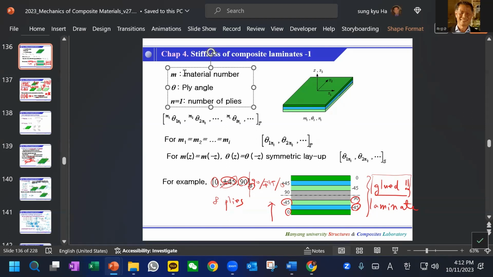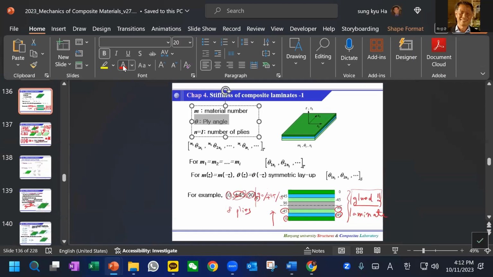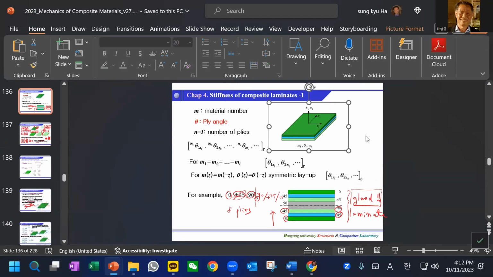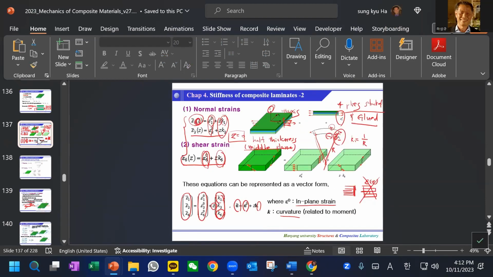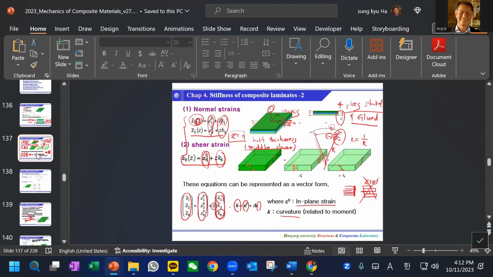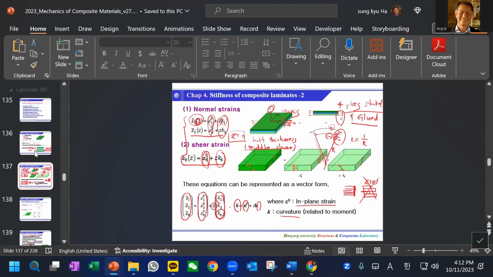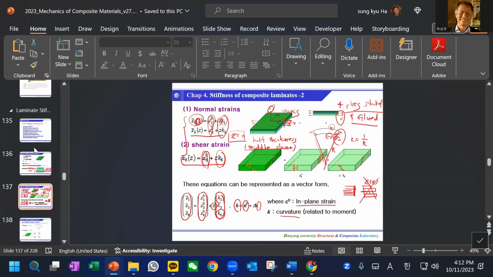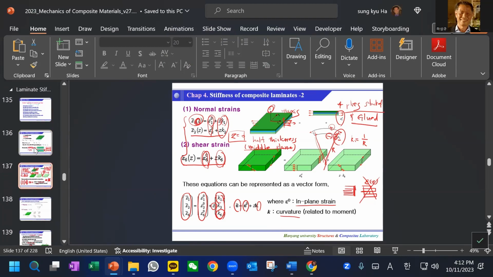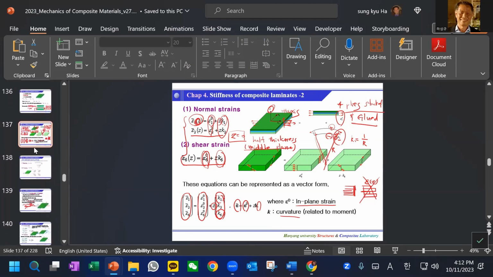So if the material is the same, we can just consider that each has a different ply angle. Now, what is a ply angle? Well, ply angle means that we have different fiber directions.